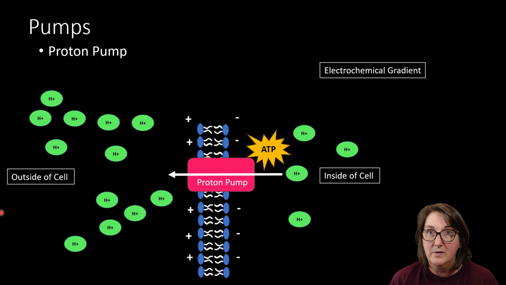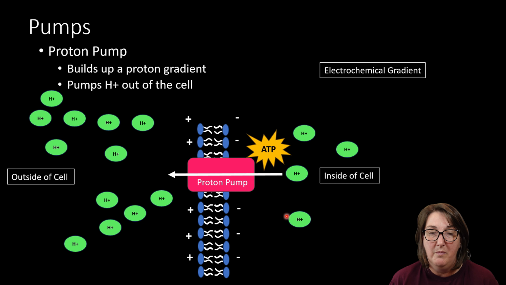Another type of pump is what's called a proton pump. Again, remember, these are all just protons. It's just hydrogen ions. I have no electrons, so these are just one proton in this solution. So the protons are going to build up a proton gradient, and it's going to pump hydrogen protons out of the cell.